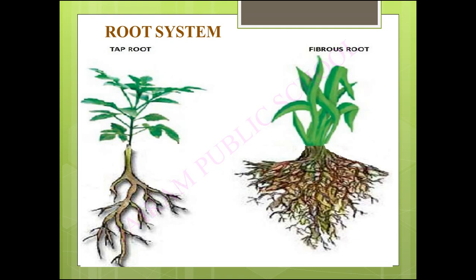The plant with a fibrous root system has a number of thin roots arising from the end of the stem growing into the soil. All the roots are usually about the same size. Example, grass, wheat and palm tree. So these are the differences between the two root systems, taproot and fibrous root.